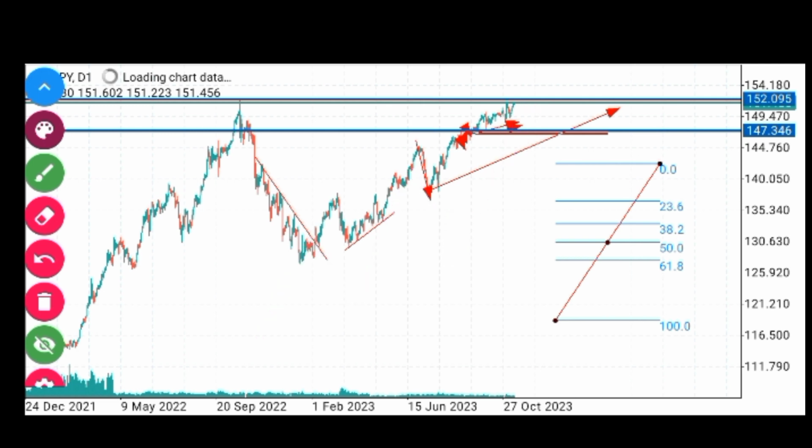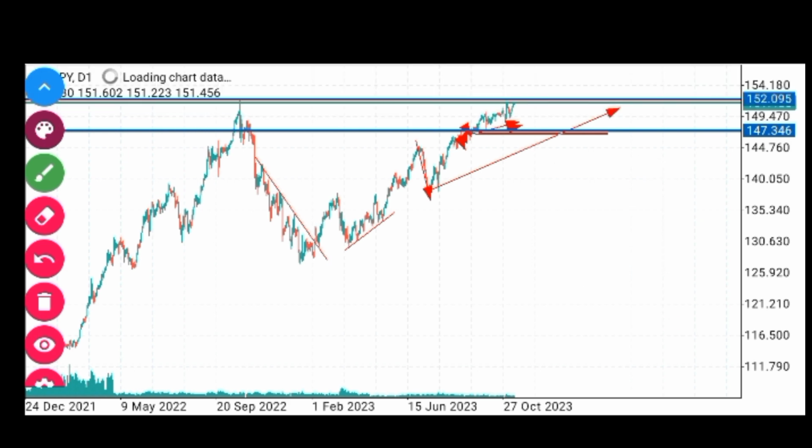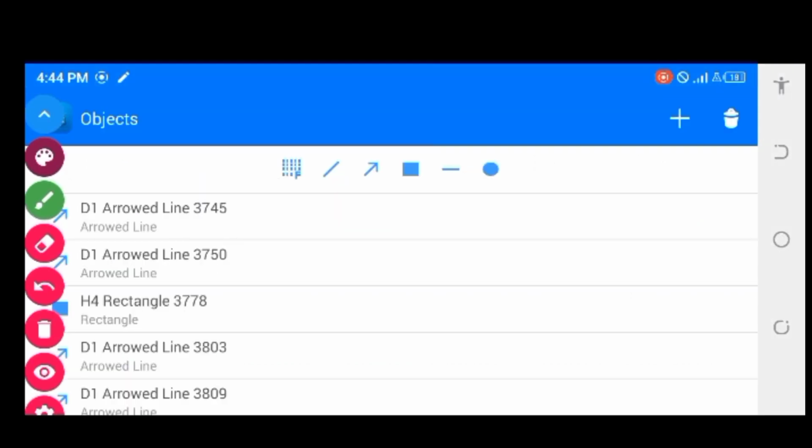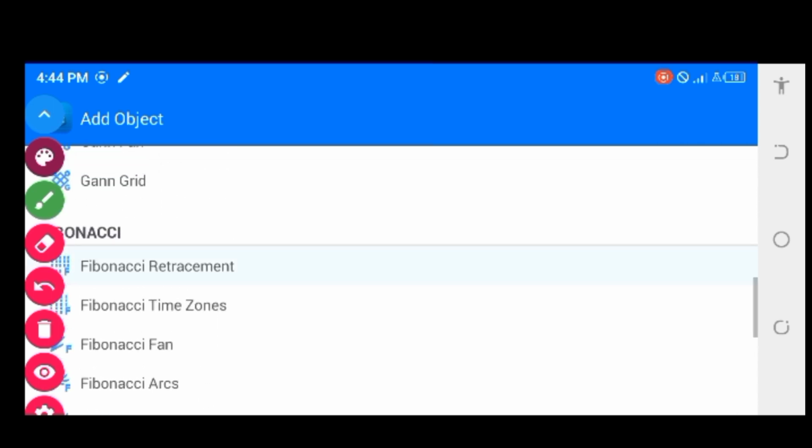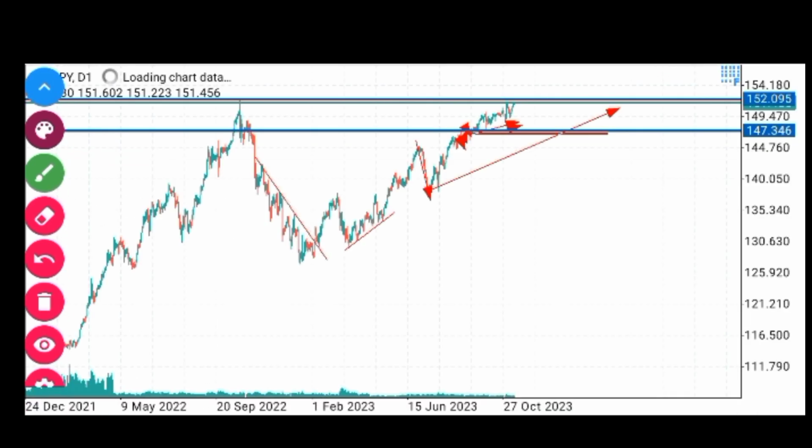Let me show you. Let me delete this and go again. With my Fibonacci retracement, I'm going to show you the mistakes that people make. If I was to draw this with the idea of Fibonacci retracement in an uptrend, let me say this is my swing low here.